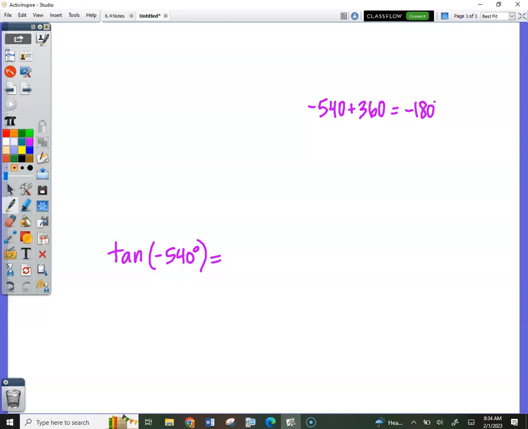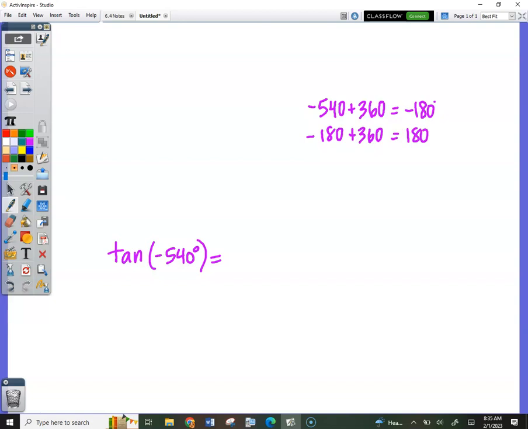Because another common mistake was several people forgot negative angles rotate in a different direction. So negative angles start on the positive x, but then they rotate clockwise, right? So even though that is 180, which means direction doesn't matter, I'm going to add another 360, and then you get 180.